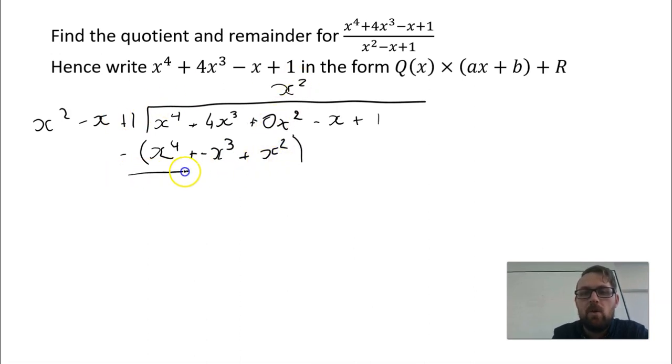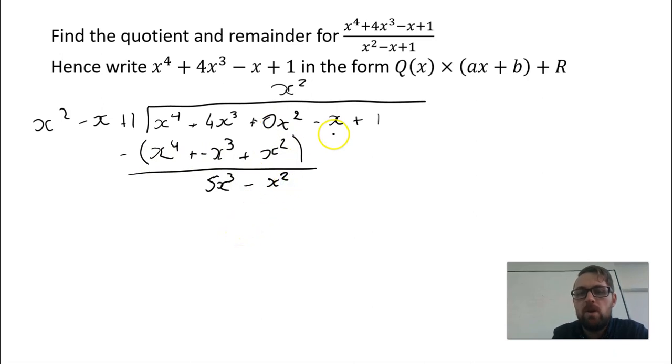We're going to subtract that straight down. So x to the power of 4, x to the power of 4, that goes away. Subtract a negative, so we'll add that. That's going to become 5x cubed. And 0x squared subtract positive x squared is going to be negative x squared.